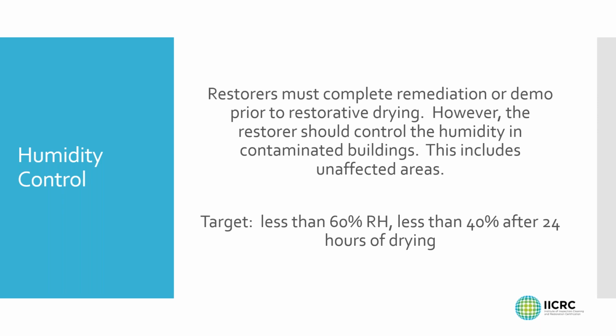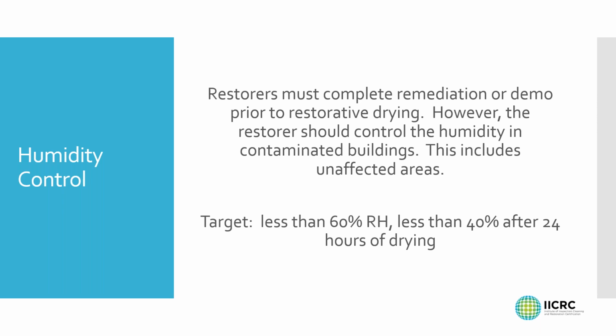So to do things right, we do those processes first before the drying. However, during that process, we need to make sure we control humidity of the contaminated buildings. Generally, some targets that we teach in class, relative humidity-wise, less than 60% relative humidity will assist us in preventing secondary damage in homes. So that we want to attain almost immediately when we're in the loss.